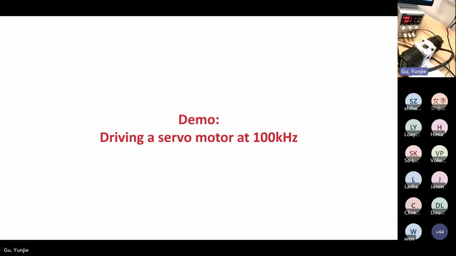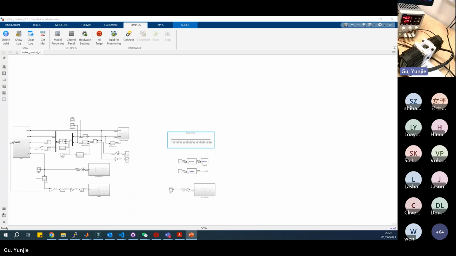Okay, so this is the end of my presentation, and now I'm going to do a small demo of how RT-Thread is used for motor control. I think you can all see my screen here, the camera.